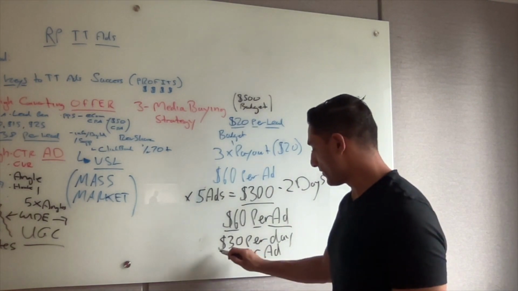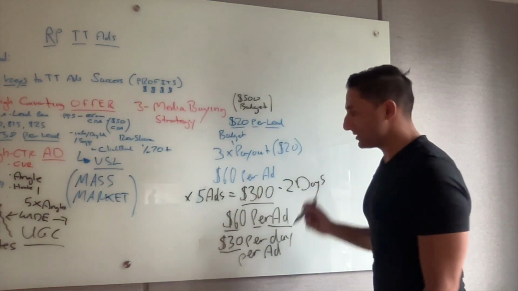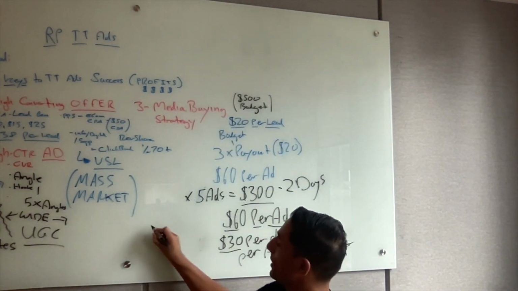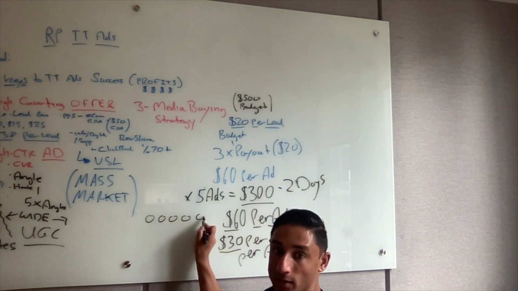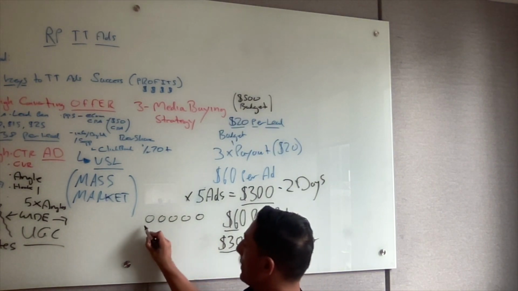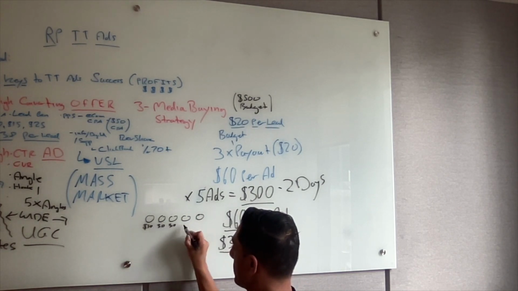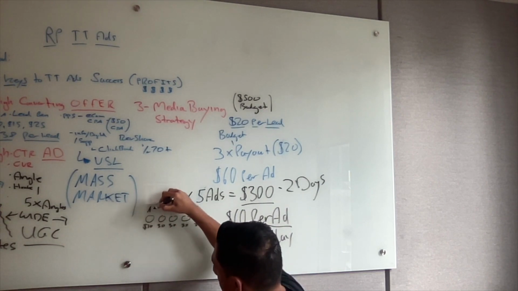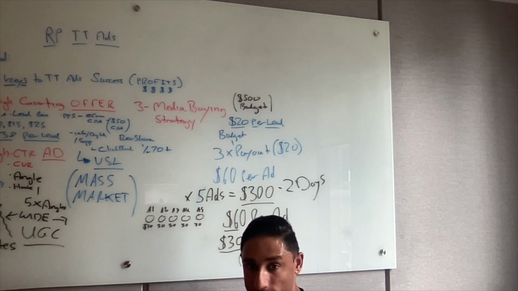So this is the key number here right now. We have 5 ads. Let's just write this here. I just put 1, 2, 3, 4, 5. And each ad, we're spending 30, 30, 30, okay? This is angle 1, angle 2, angle 3, angle 4, angle 5, okay?